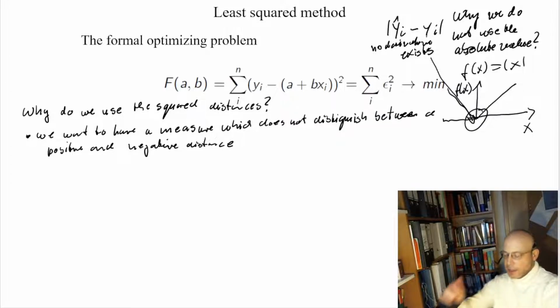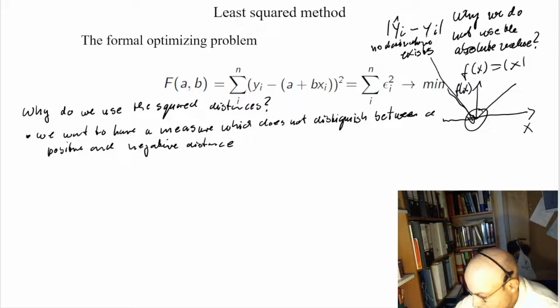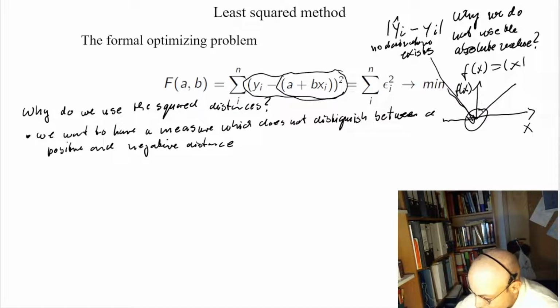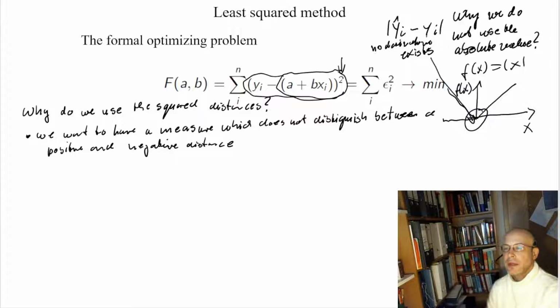So this is a reason why we use the squared value here. Because with the squaring we also get rid of the problem of the plus and minus signs.